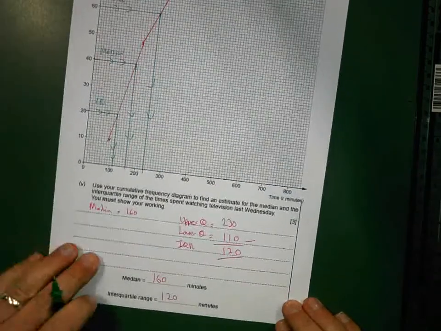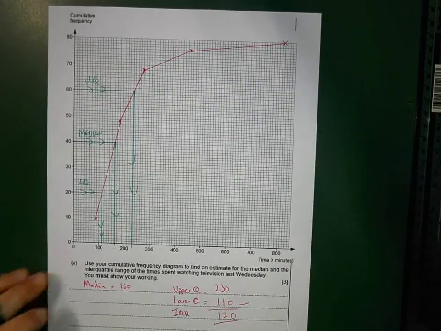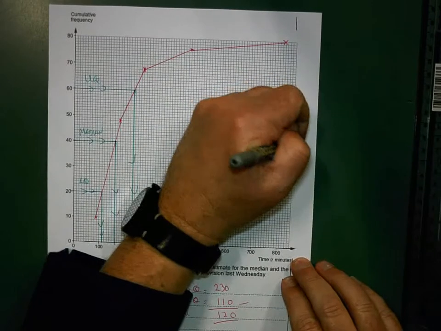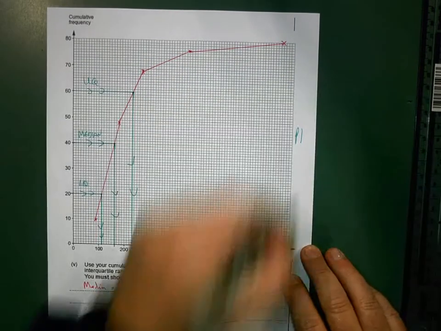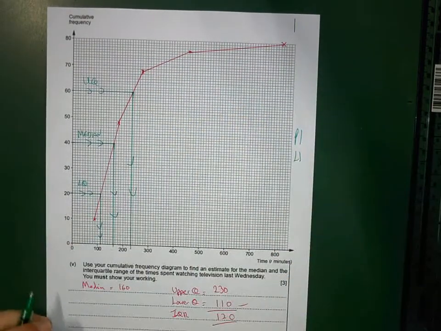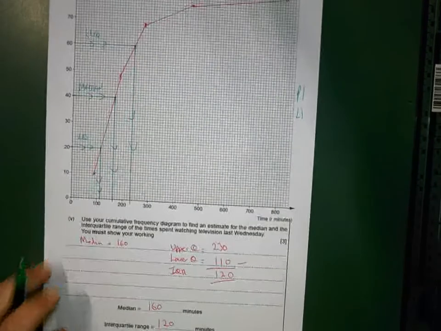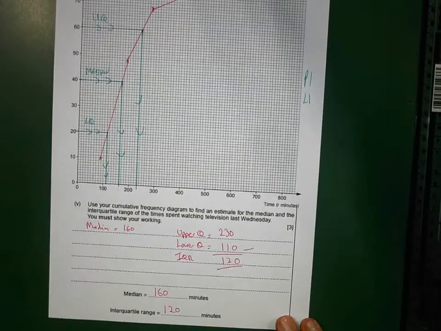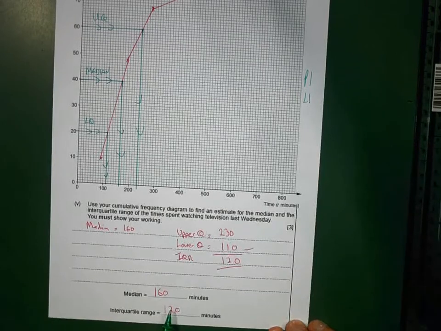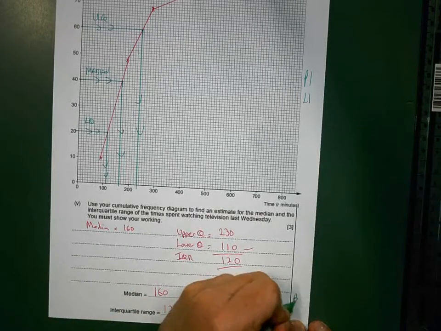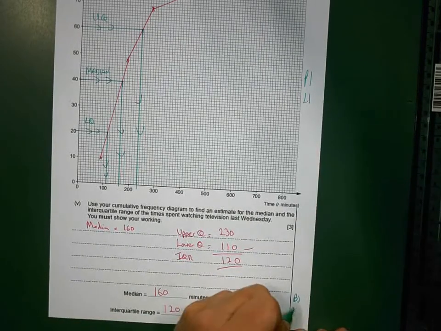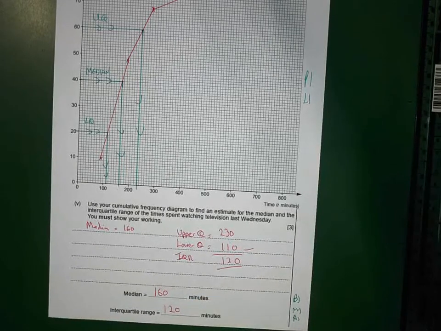On the graph there's one P mark for plotting it and a line mark for joining them together, and down here you're going to have a B mark for the 160 and an M and an A mark for the interquartile range.